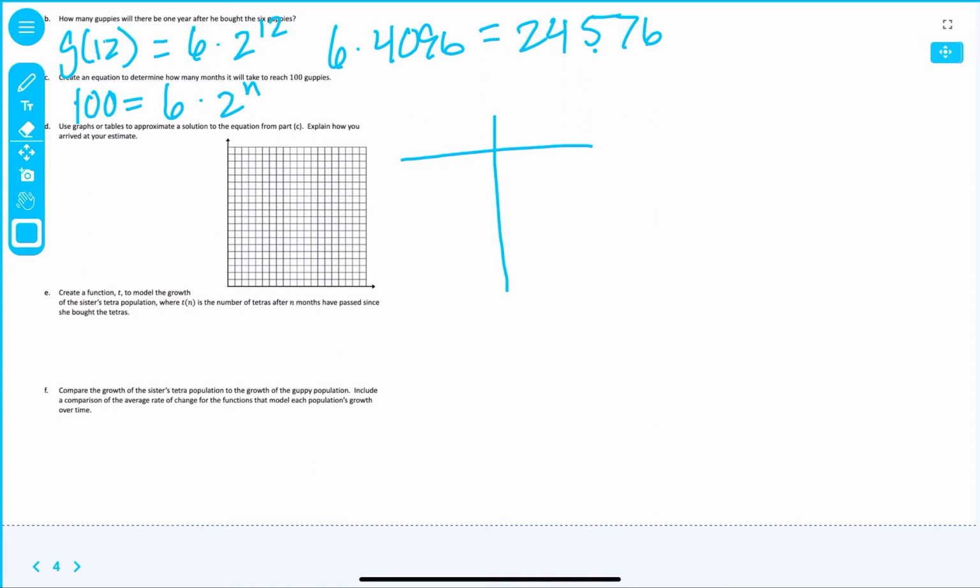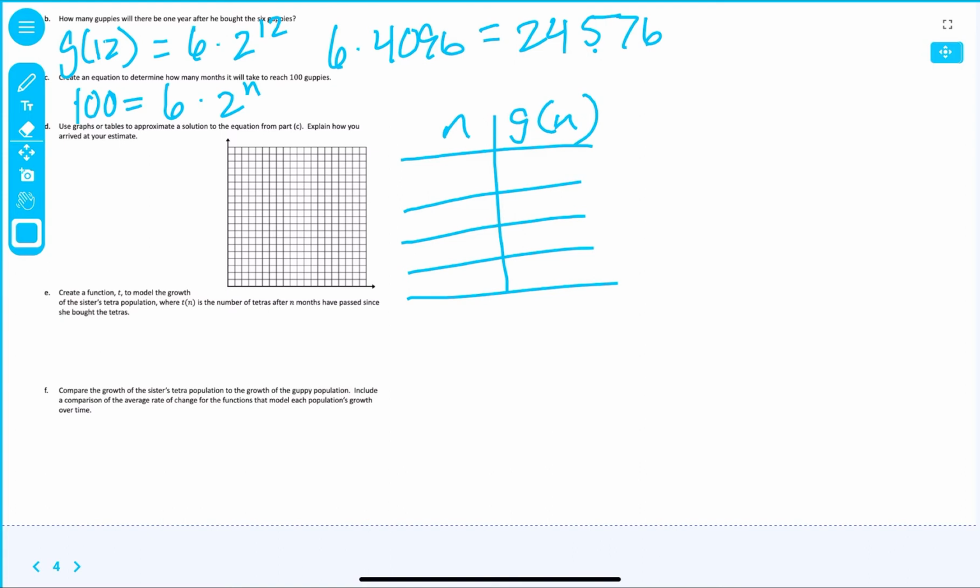It wants us to find how many for 100. So this is just going to be plug and play. N, G of N. Let's go with 3, 4, 5, 6 months.